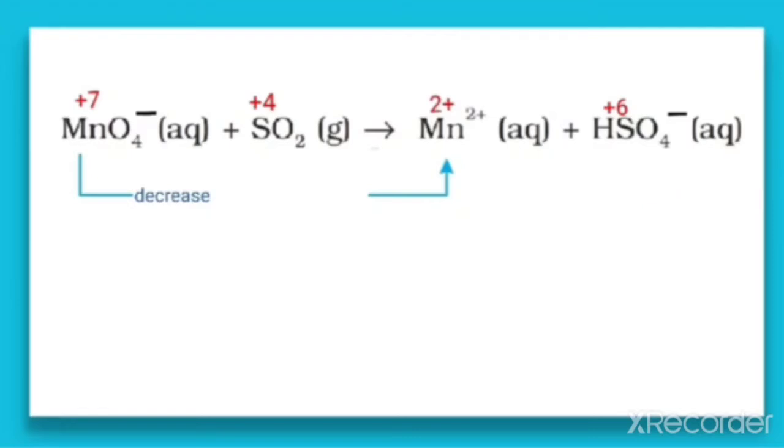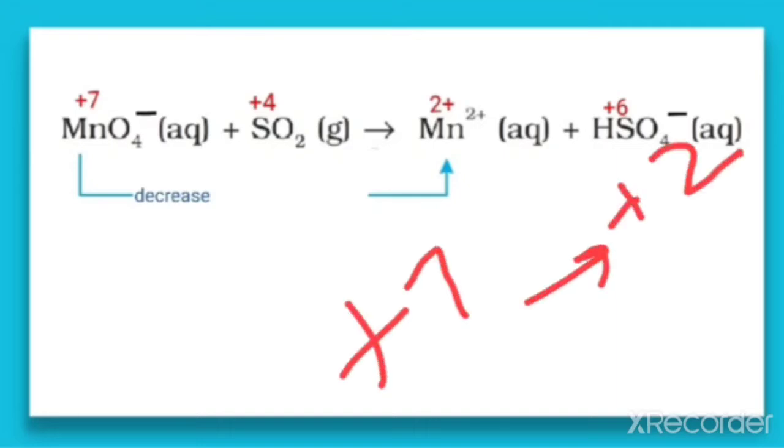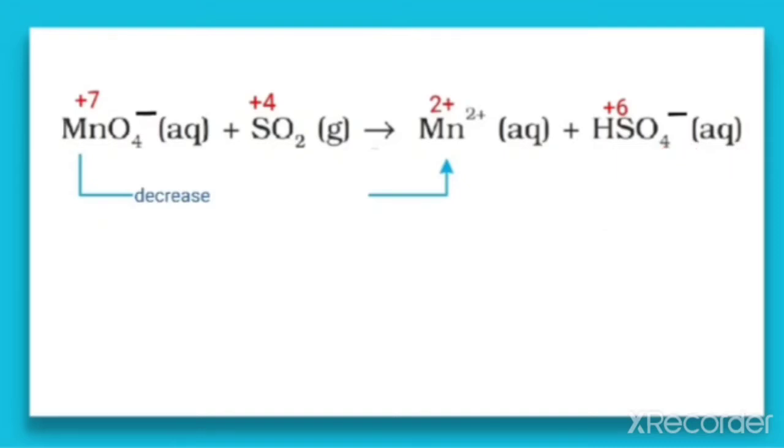Now in this step you have to identify how much it is decreasing per atom. The plus 7 value is decreased to plus 2. So it is decreasing by 5 per atom, because here there is only a single atom on the right hand side and the left hand side.